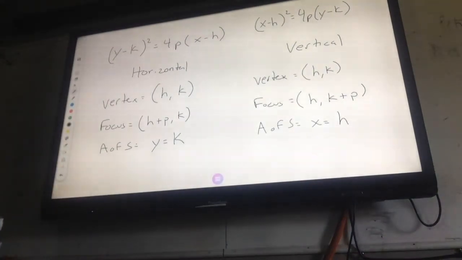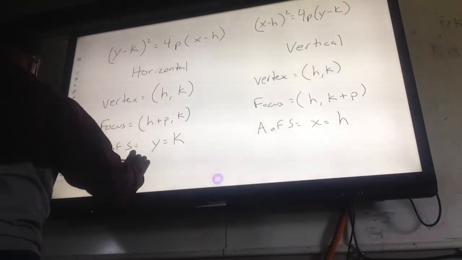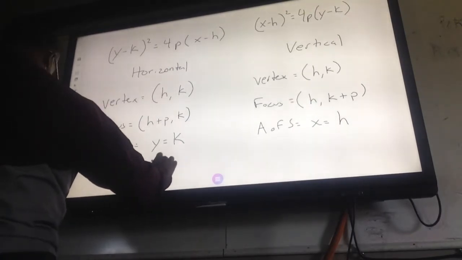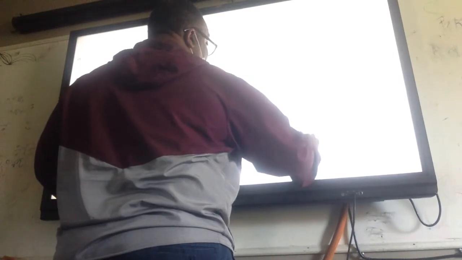And the axis of symmetry here. And then the last one is directrix. X is equal to h minus p. And in this one, y is equal to k minus p.